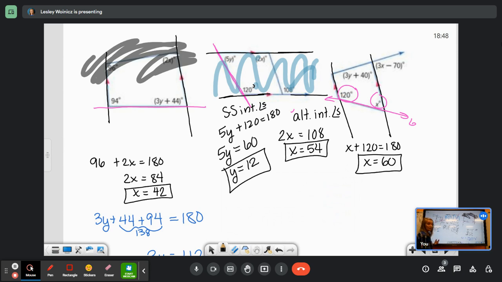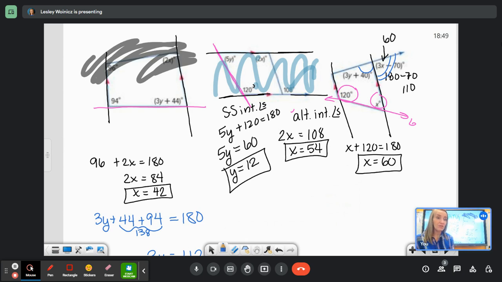Okay, now we know x. We can plug it in. So 3 times 60 is 180, minus 70 is 110. So this one's 110. Well, this angle and this angle, they're not congruent, but they are a linear pair.